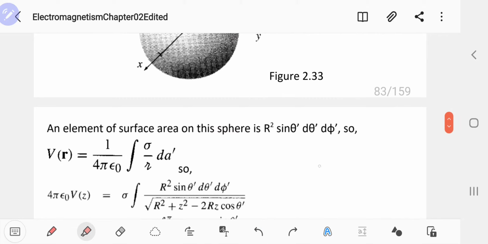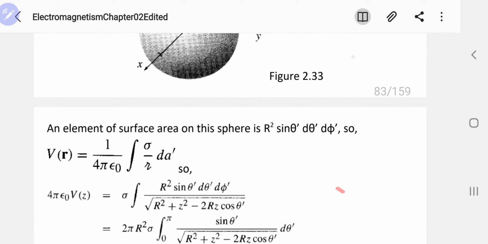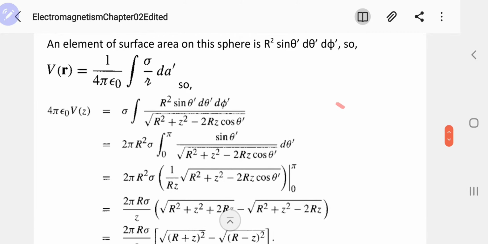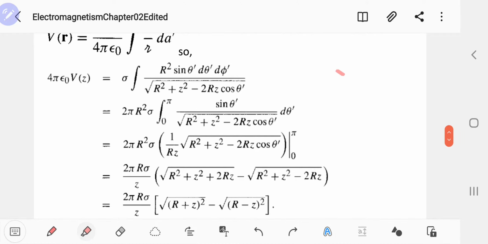So you have this expression now, and if you integrate d phi prime, that will be phi prime evaluated from 0 to 2 pi, so your 2 pi comes out, and your R squared will come out of the integral also.